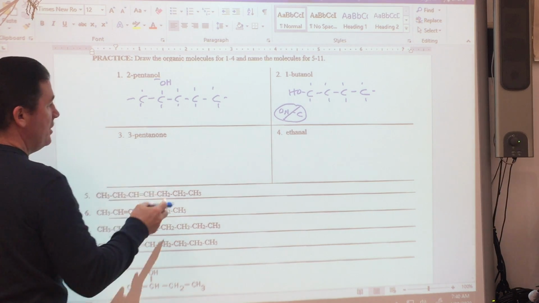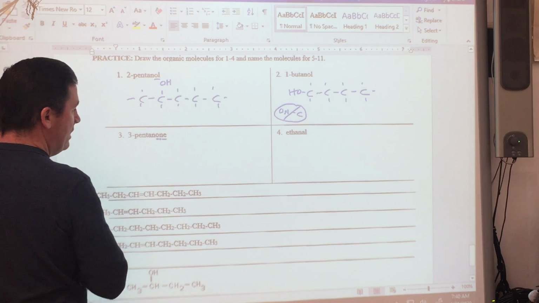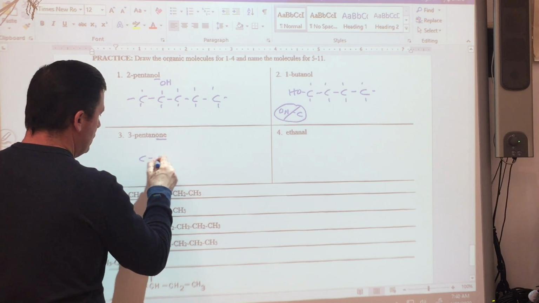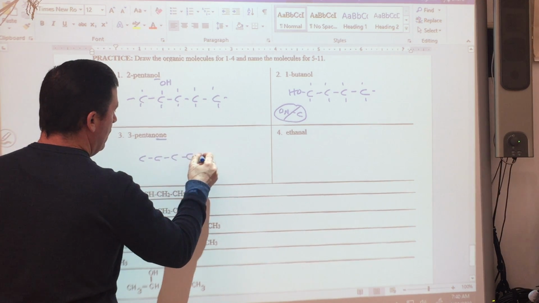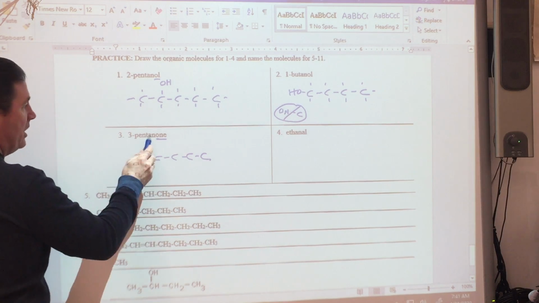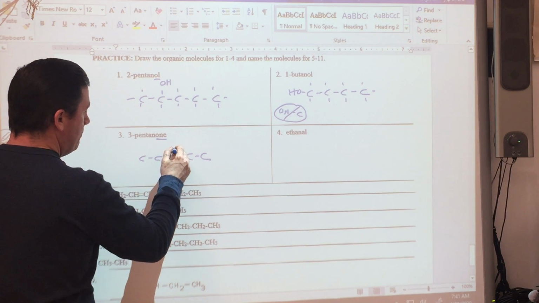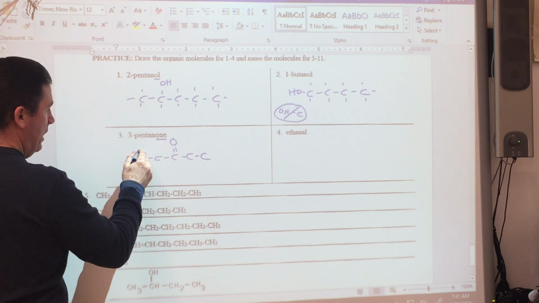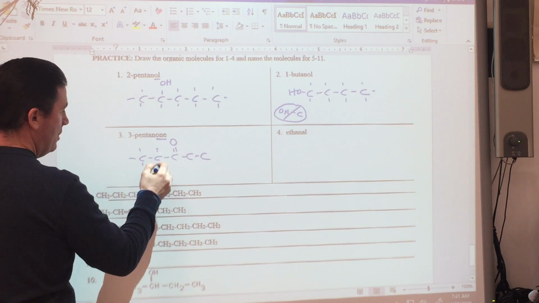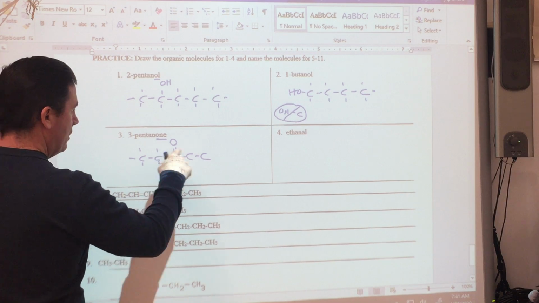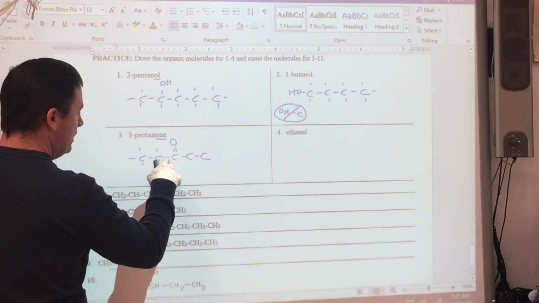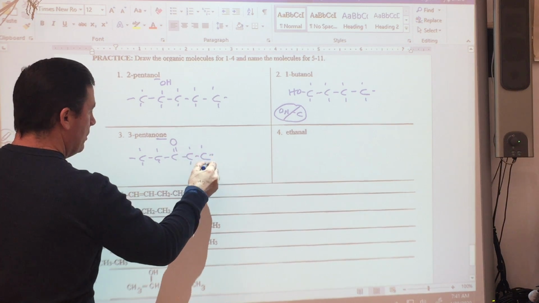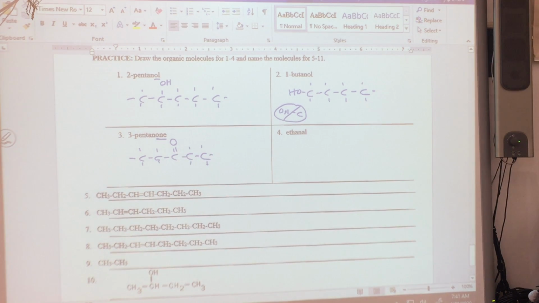Okay, 3-pentanone. This means it's a ketone. Pent tells me 5. 1, 2, 3, 4, 5. 3-pentanone. 1, 2, 3. There's my carbonyl group. And then I fill in the rest with the carbons, the hydrogens that I need, the bonds that I need. 1, 2, 3, 4. There's 3-pentanone.